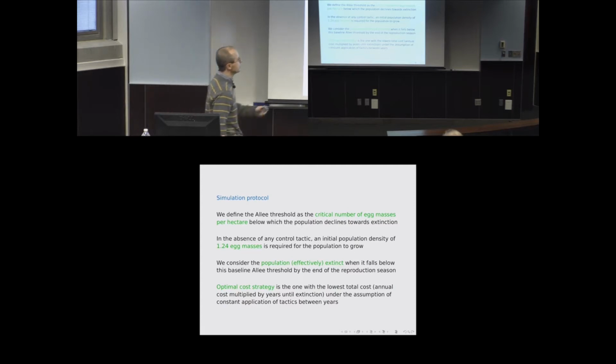Without any control measure, the Allee threshold is 1.24 egg masses per hectare, so that we consider the population extinct when it falls below this value, and would like to find the strategy with the lowest cost which combines any 2 of these 3 control tactics.